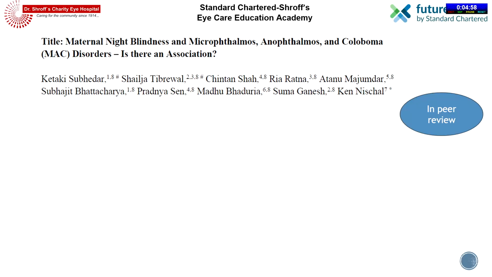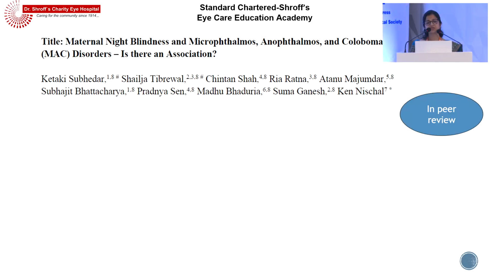That led us to the second part of the study, with a very interesting finding. We wanted to see whether it is just a coincidence that these two things are coexisting, vitamin A deficiency, corneal disorders, as well as MAC disorders.